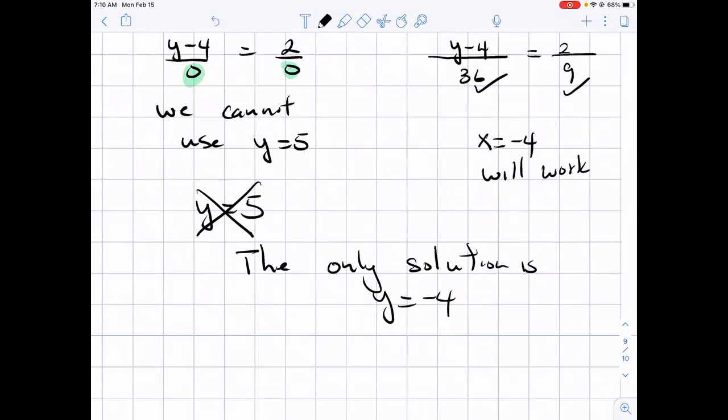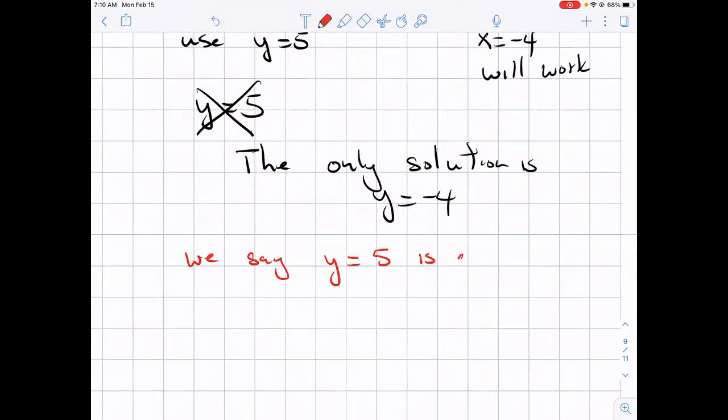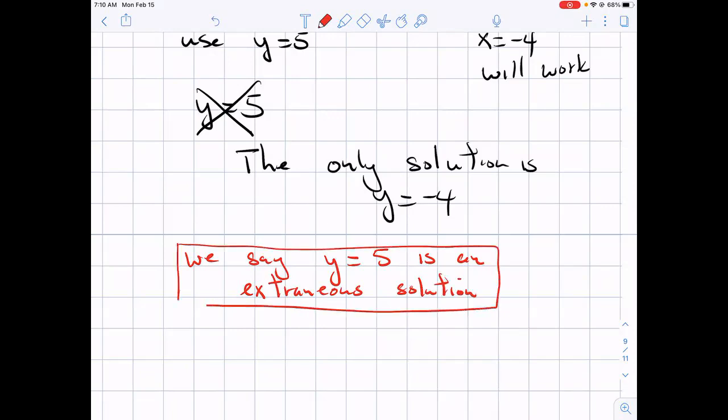Now you will hear later on a word we say: y equals 5 is an extraneous solution. And what this means is just that it is a solution, but a solution that doesn't really satisfy the equation. That's all it means. So we do have a solution, but it will not work, so we ignore it, we throw it out.